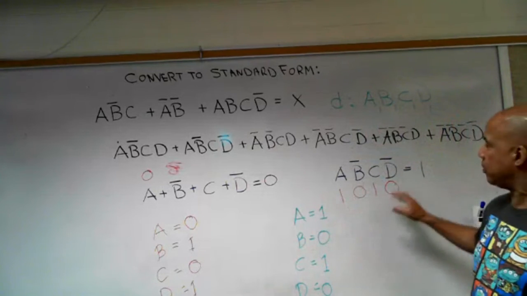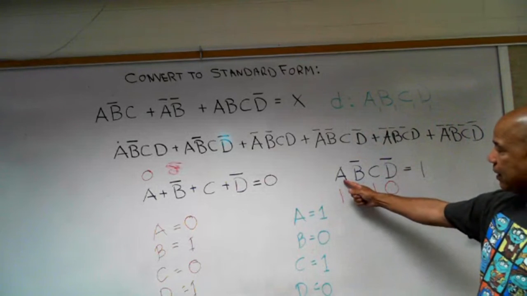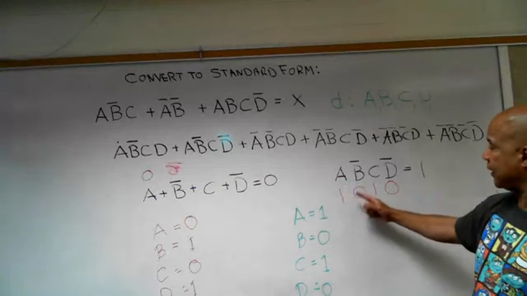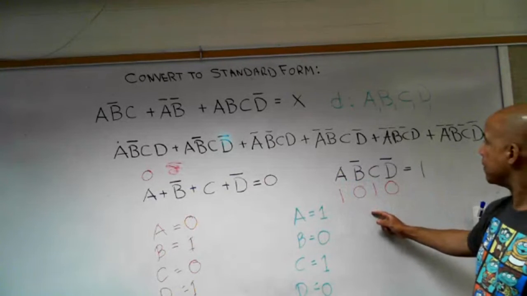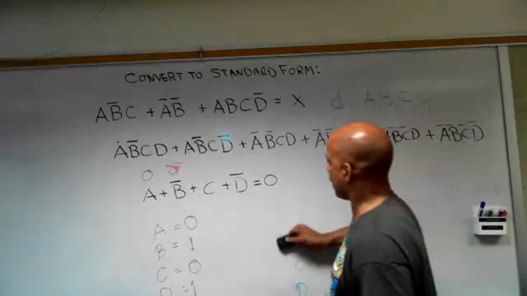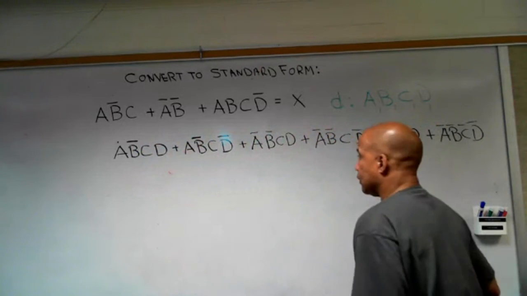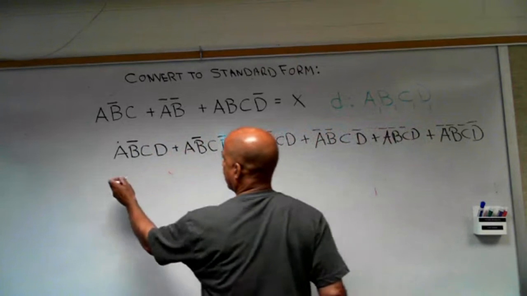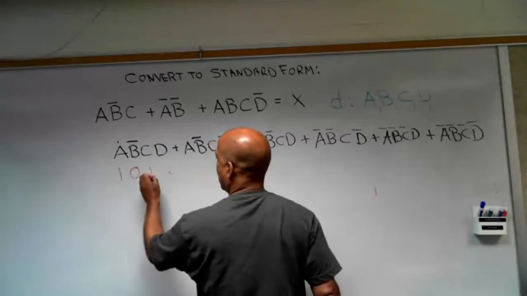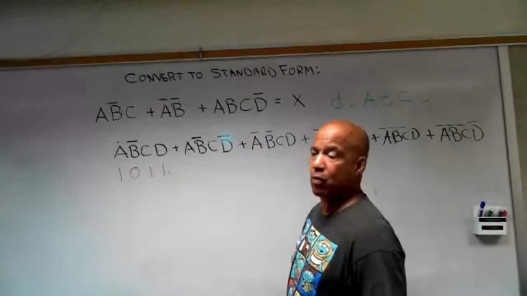You can quickly do it when you're dealing with a product term, by just writing any variable as a 1 and any complement as a 0. So I want to do that for that whole expression up here, the one we just expanded. So this is a 1, 0, 1, 1. That's the binary value that will make that term true, make it a 1.